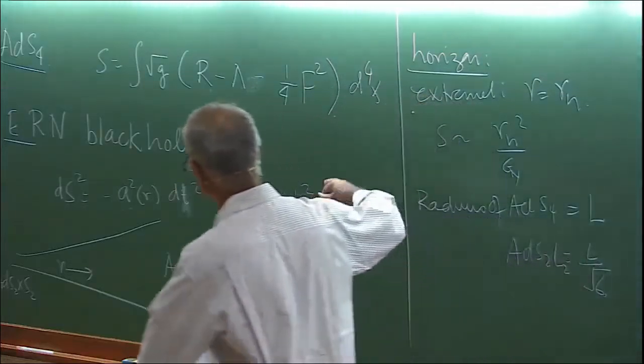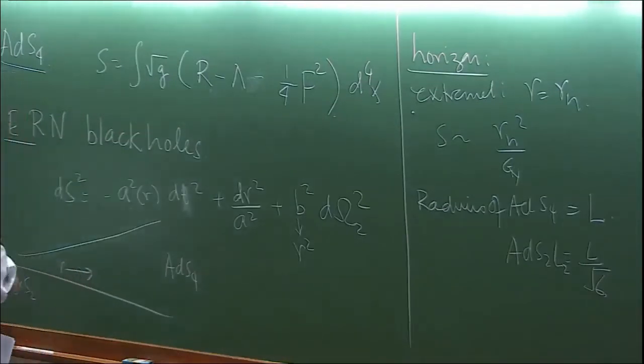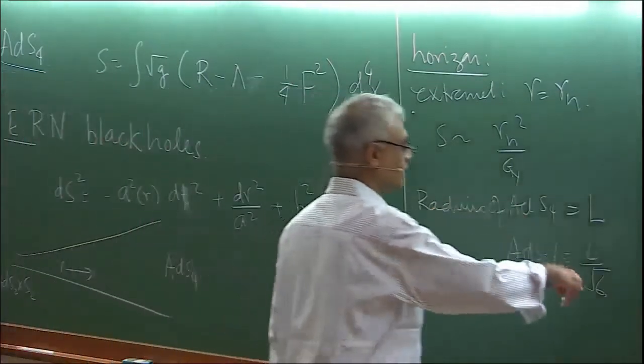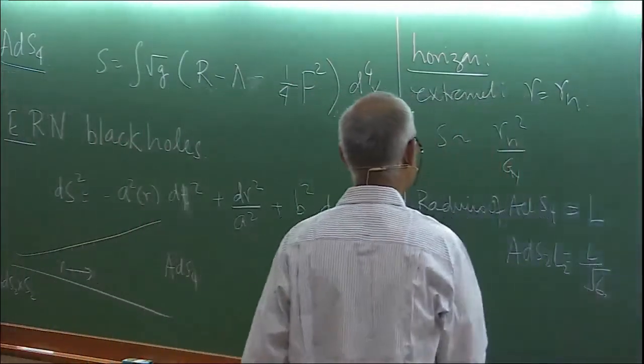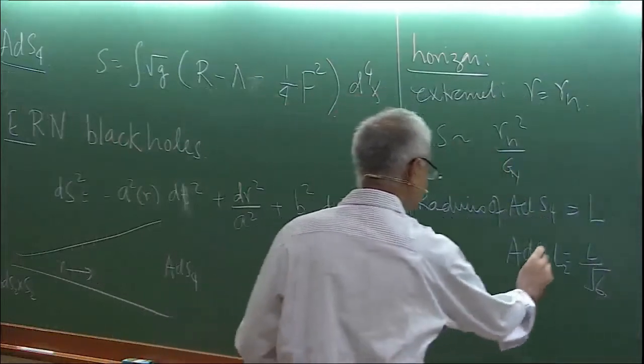So basically the radius becomes smaller, as you expect on general grounds, to some slightly smaller radius in the AdS2 region.